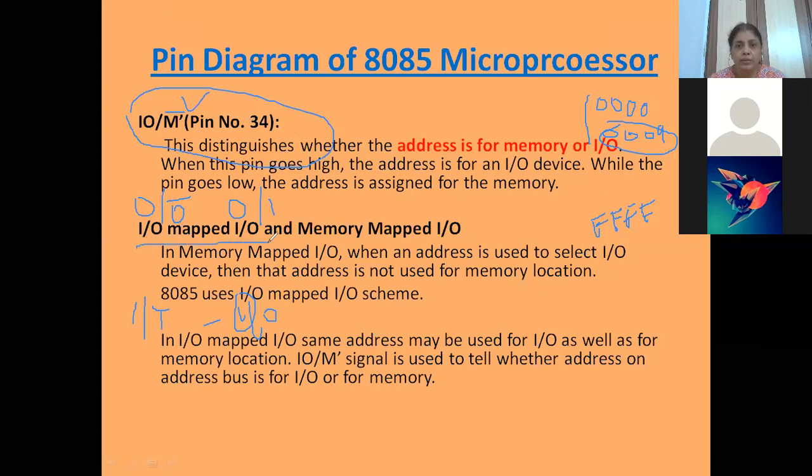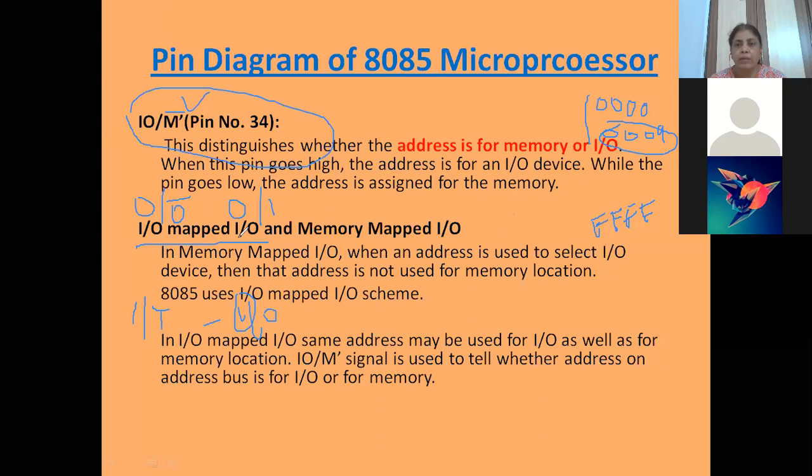तो ये जो स्कीम है जो 8085 में इंट्रोड्यूस हुई उसको हम क्या बोलते हैं? IO mapped IO. तो ये क्वेश्चन बोर्ड में आता है बहुत बार. What is IO mapped IO and memory mapped IO and which scheme 8085 is using? So 8085 is using which scheme? IO mapped IO.